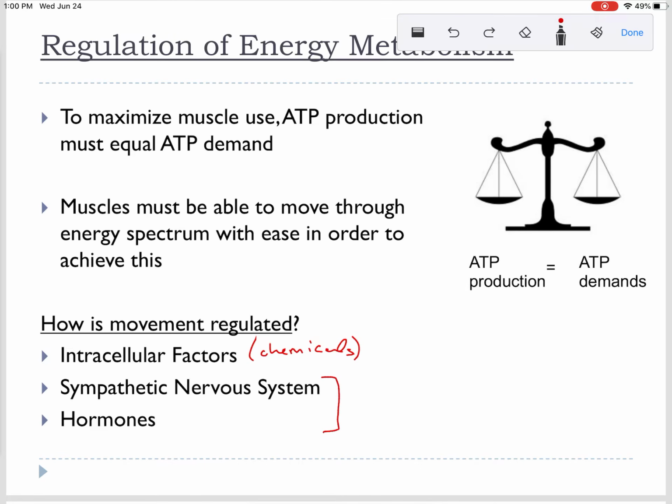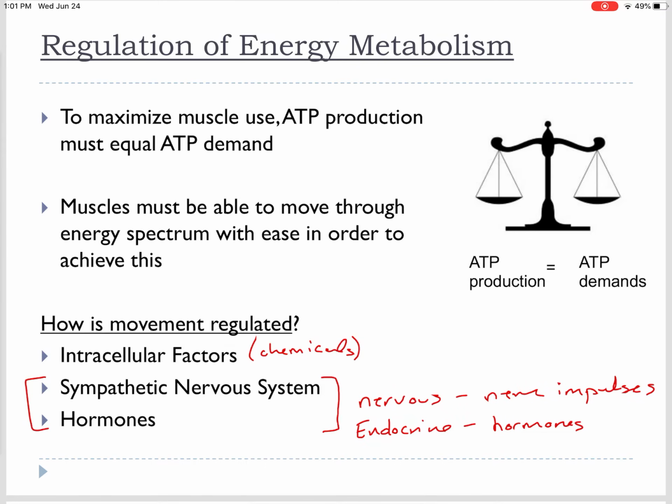As is the case with most of our body systems, we rely on our nervous system and our endocrine system. The nervous system communicates through nerve impulses, so we can send nerve impulses to our muscles from the brain, and the endocrine system uses hormones. We rely on these two.